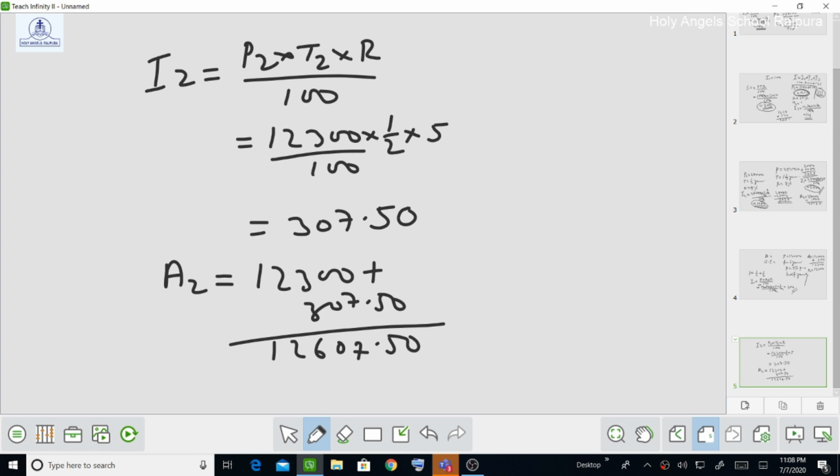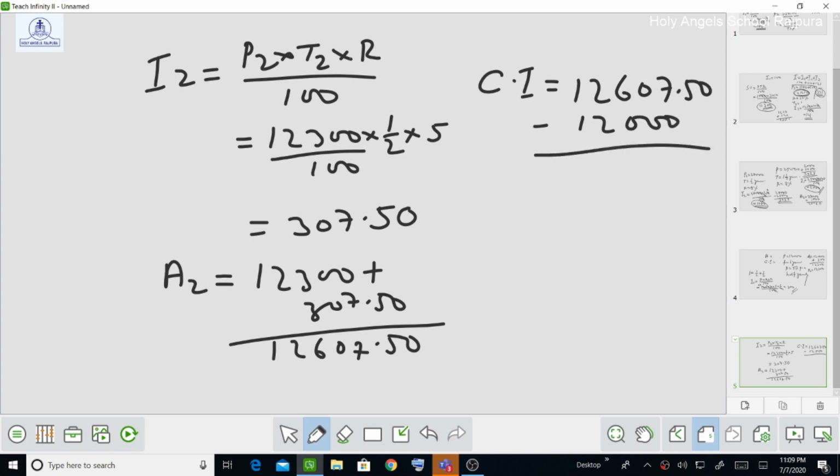So the compound interest alone is 12,607.50 minus 12,000, that is equal to 607.50.